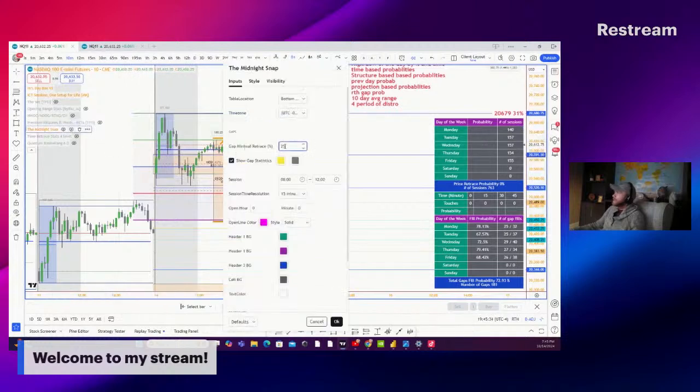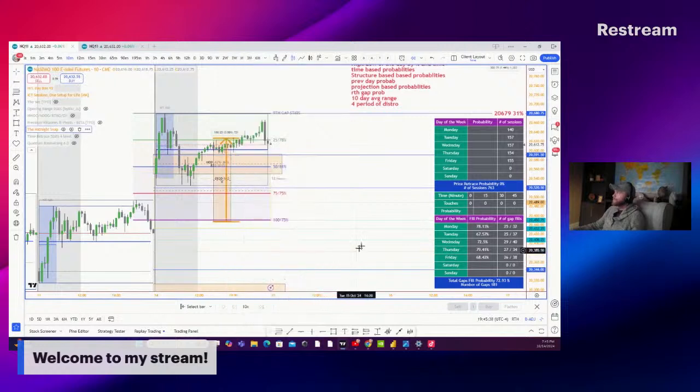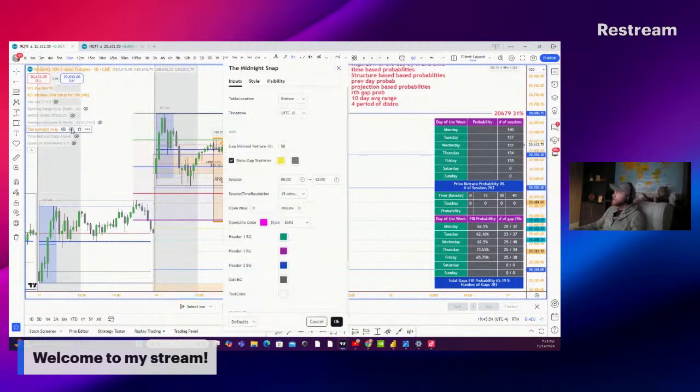I'm going to go back to it. I'm going to put it on 50. And I can see that on a Monday, it's 62.5 for 50% gap fill. I'm going to go back and do the same thing for 75.